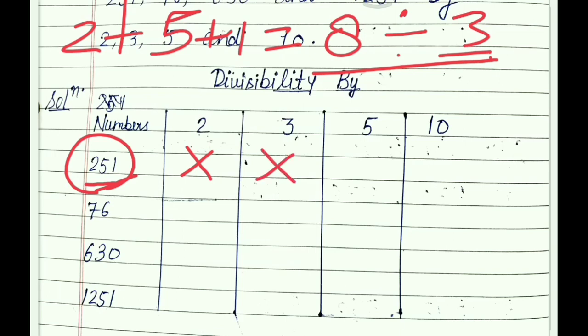Now we will check by 5. A number is divisible by 5 when its last digit is 0 or 5 only.